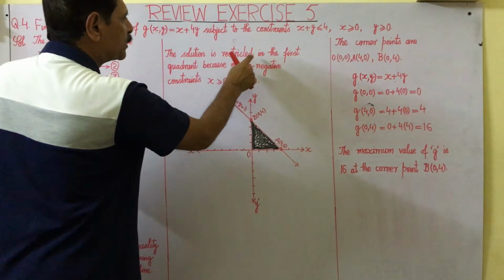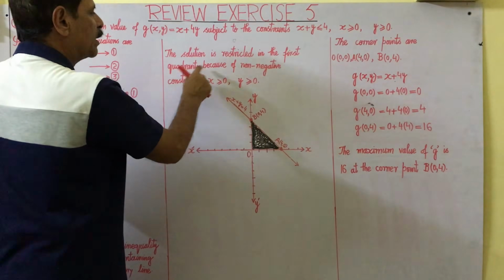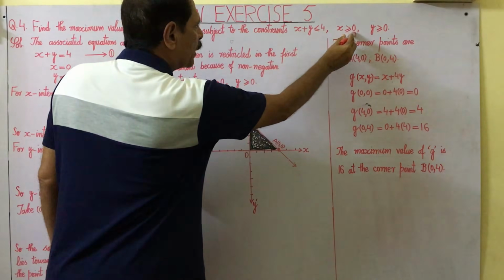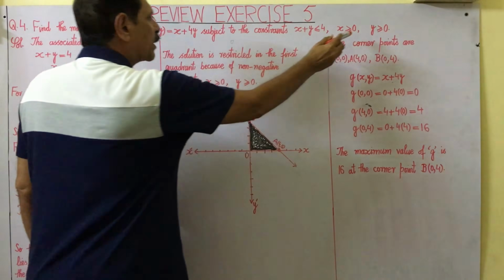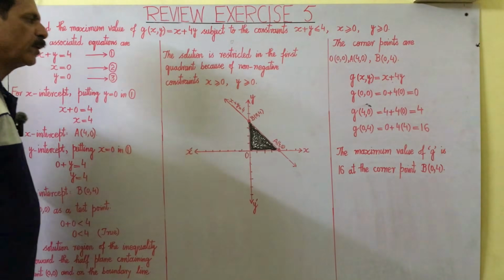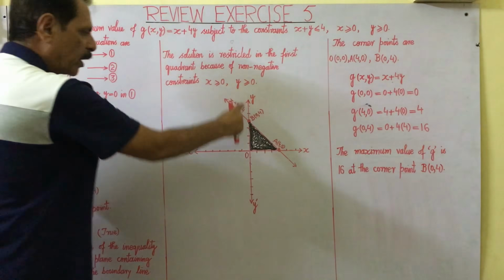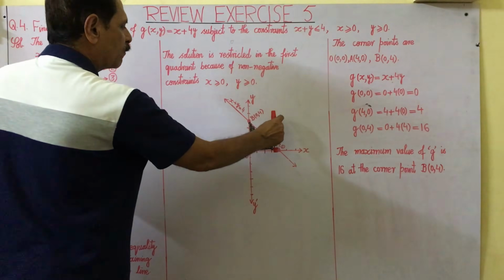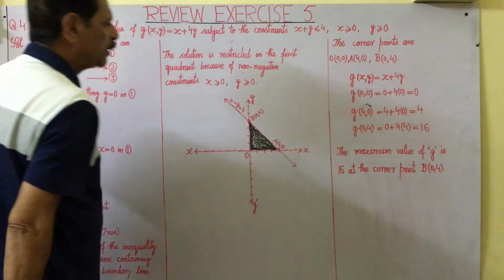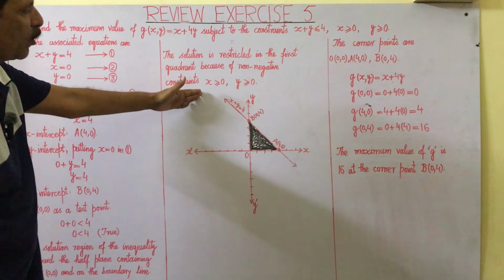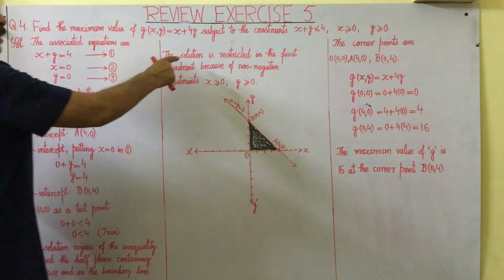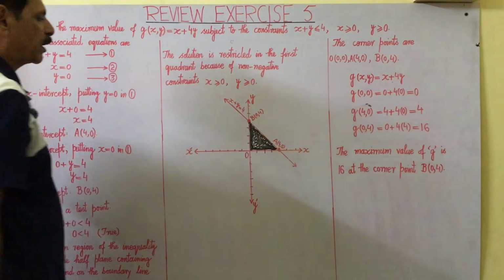The solution is restricted to the first quadrant because of the non-negative constraints x ≥ 0 and y ≥ 0. Here x is positive and y is also positive, so the solution is restricted to the first quadrant.